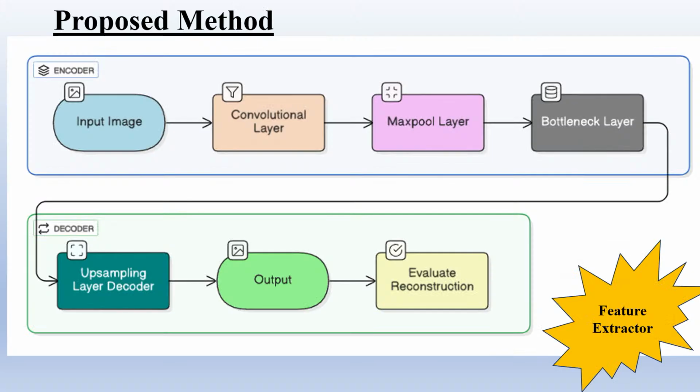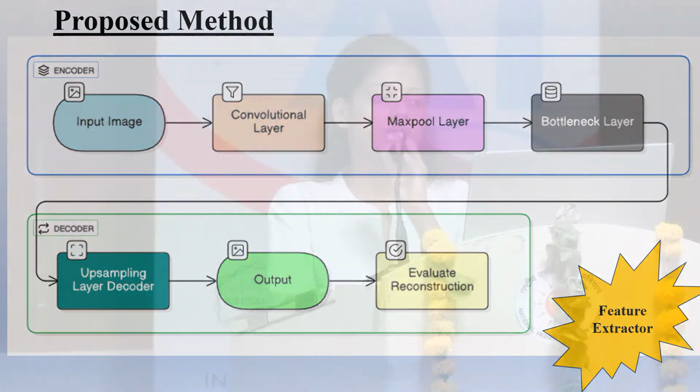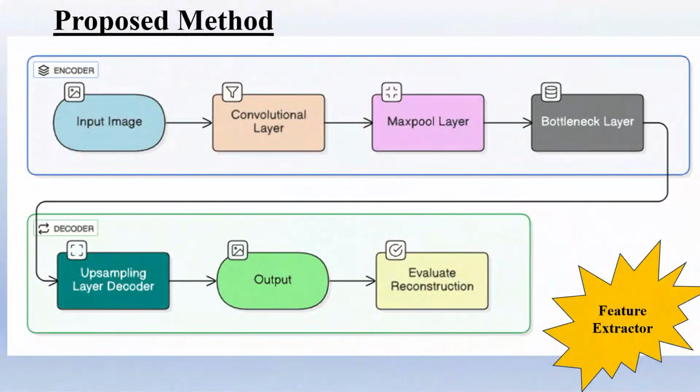So this is the proposed method. We combined autoencoder and CNN, using the autoencoder as feature extractor and CNN as the classifier. We gave the raw image of the iris as input to the autoencoder, followed by convolutional layers, max pool layers and a bottleneck layer.